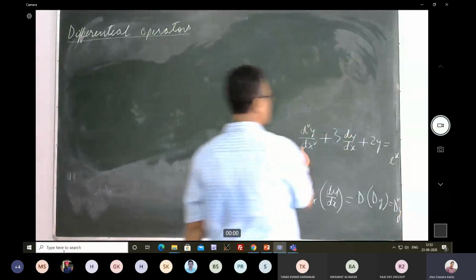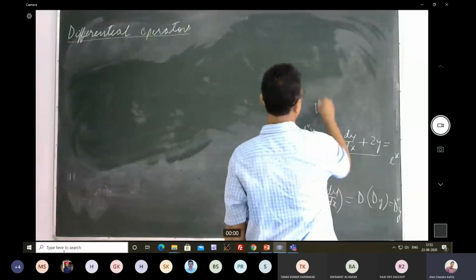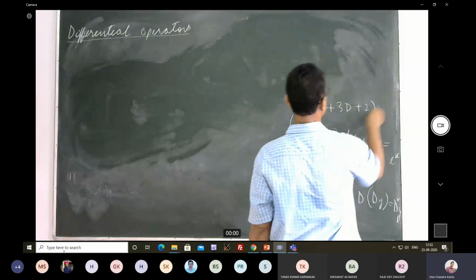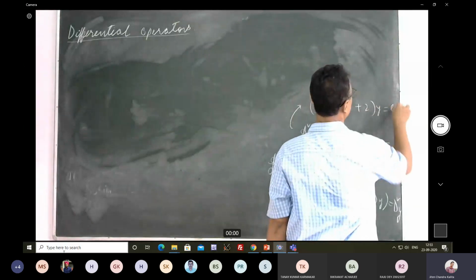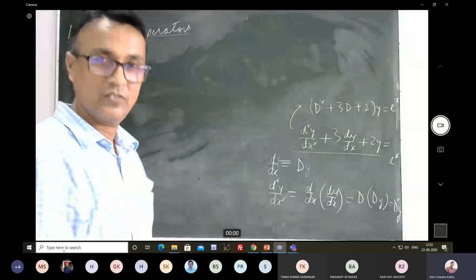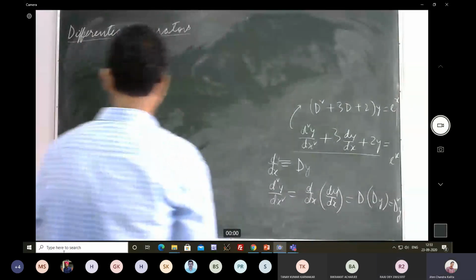So basically, I could have written this equation simply as (D² + 3D + 2)y equal to e to the power x. Is it okay? Fine.